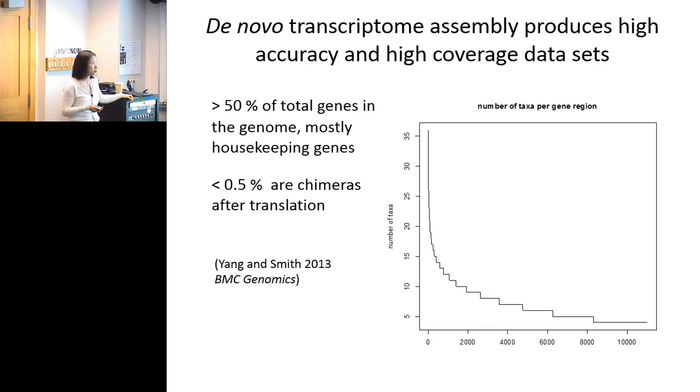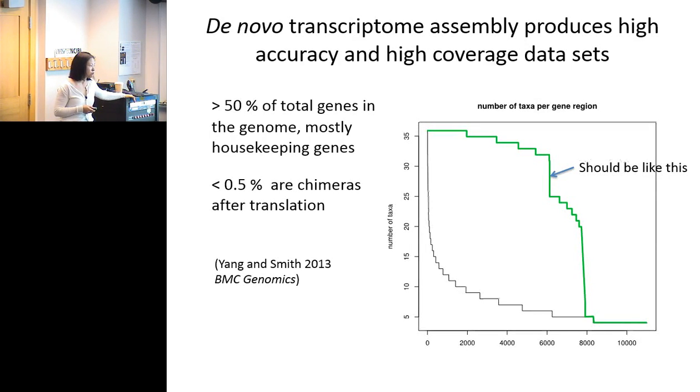And I also benchmarked the error rate and chimera rate. It's there, but it's tolerably low, and you can use some other filtering steps to get them out in the later stages. So really, your ortholog group should be something like that. You have some housekeeping genes and then it tails off to some differentially expressed genes.